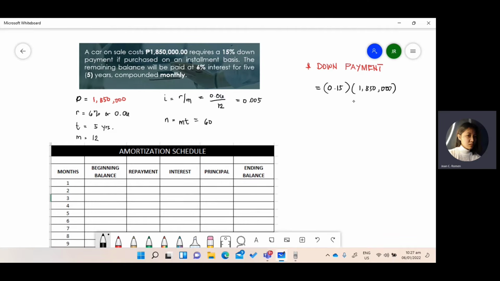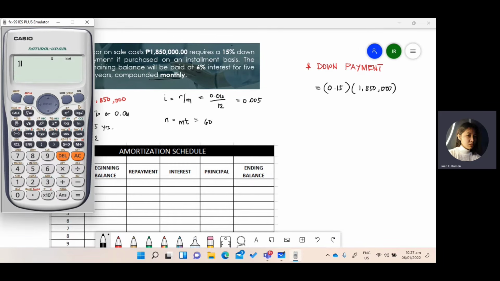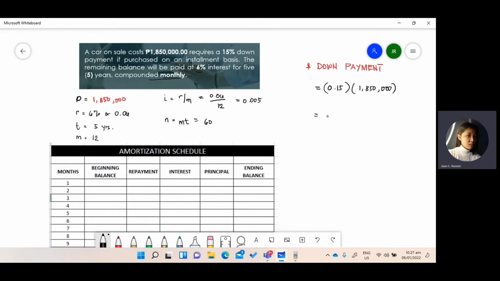So 0.15 times 1,850,000 pesos is equal to 277,500 pesos. So this will be the down payment. Ito yung paunang bayad natin.